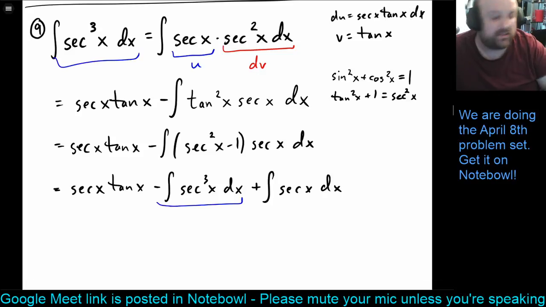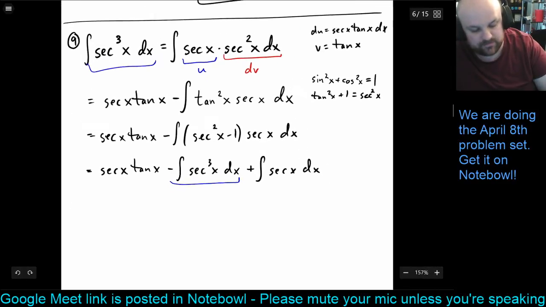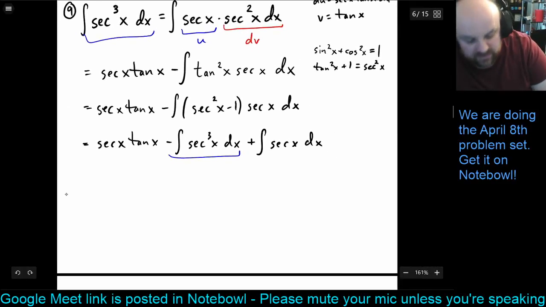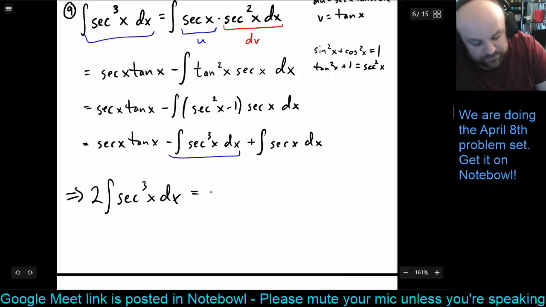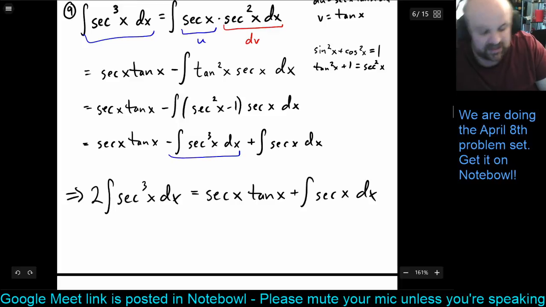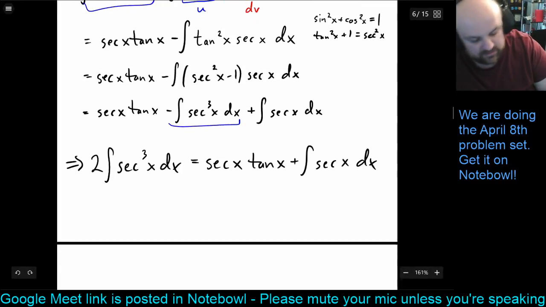Hopefully that rings a bell, because this tells me that 2 times integral secant cubed of x dx, if I just move this to the other side, is secant of x, tangent of x, plus integral secant of x dx. And I can integrate secant. So let's go ahead and just finish this off here.